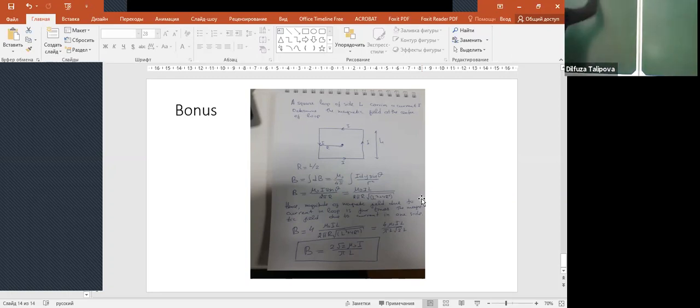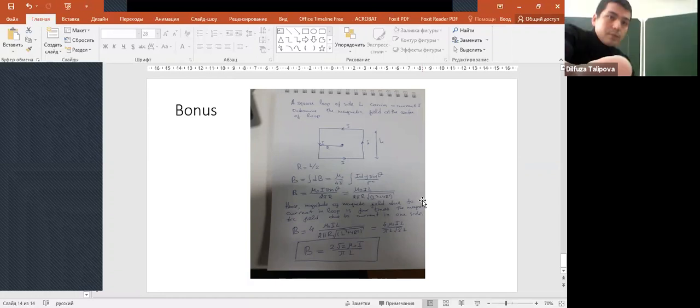So the bonus problem, bonus question. You have the square loop.